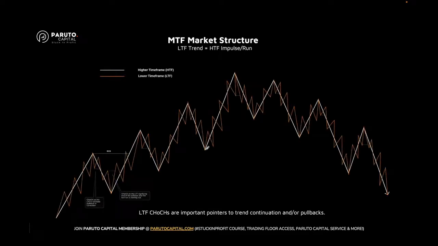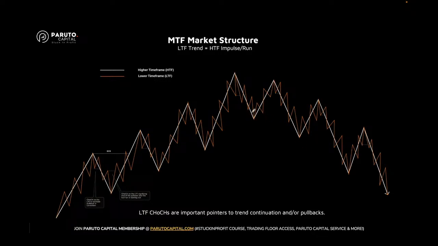Now on the multi-time frame market structure again, like I said, a lower time frame trend equates to a higher time frame impulsive run, right? So you can see here that the white lines denote the higher time frame. You can see how this is an impulsive move, a pullback, an impulsive move, a pullback, an impulsive move, a correction, an impulsive move, a pullback, and then this does nothing, doesn't take out this high, and then changes character here.